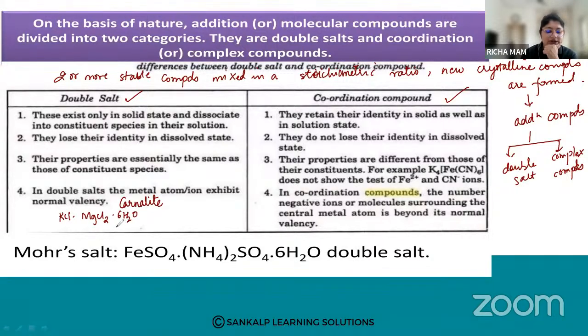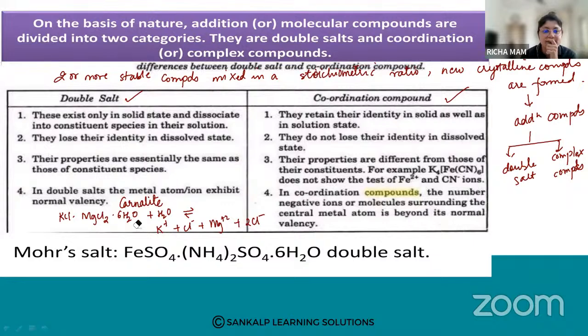If you add carnallite to water, it will dissociate into its simple ions, that is K+, Cl-, Mg2+, and 2Cl-. So whenever a double salt is added to water, it will completely dissociate into its simple ions.